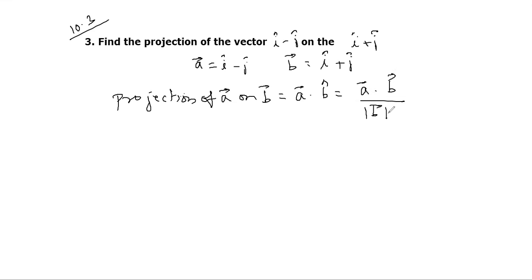So we need to find A dot B and the magnitude of B. A dot B is equal to 1 into 1, 1, plus minus minus 1. So A dot B is 0. The magnitude of B is under root 1 square plus 1 square, root 2. So this will be 0 upon root 2. So the answer is 0.